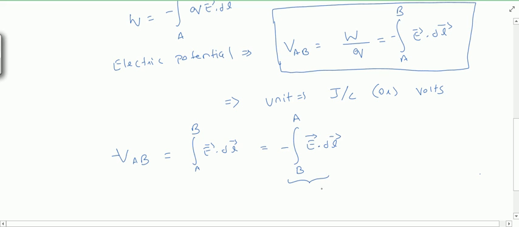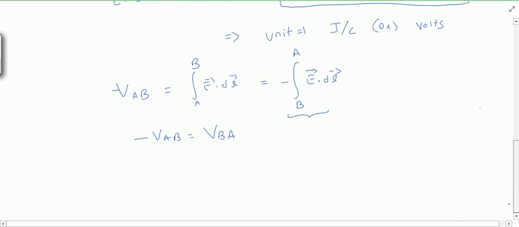Now what can this be? If you see that we were moving from A to B, then it was minus E dot dl A to B. Here it is minus from B to A E dot dl. So you can say that this is the electric potential when we are moving the charge from B to A. So you can also say that minus of VAB is equal to VBA.